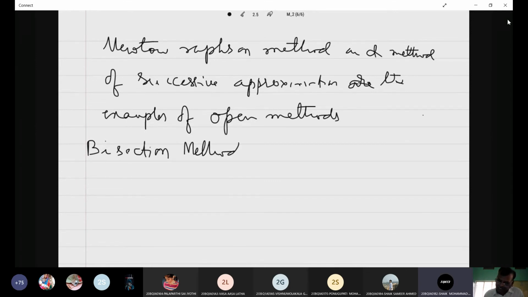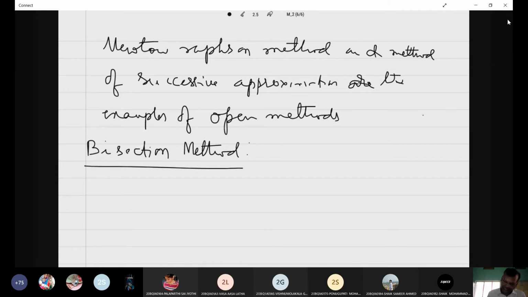What is the meaning of bisection? Anyone? Bisection means the midpoint. A simple technique. This method is based on the repeated application of the intermediate value theorem.